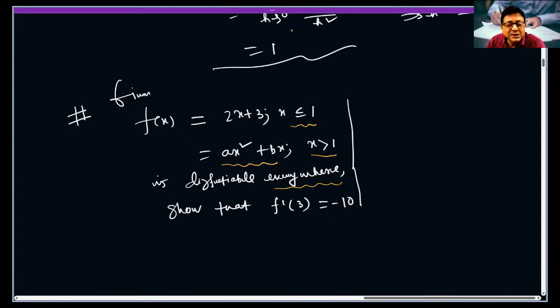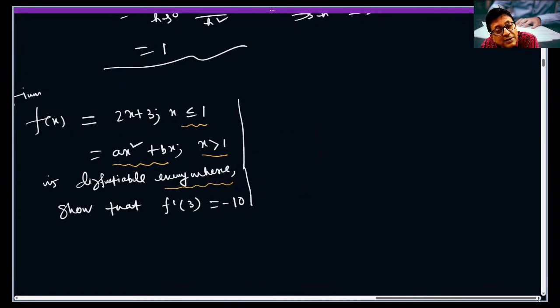Because 3 is much greater than 1. In this subject, on the number line, you just say that there are 2 steps, but there are infinitely many points in between. I am talking in this sense only. So to find f dash 3, I need to get the value of f(x) for x greater than 1. That is possible when I find the values of a and b. So what you have to do there? You have to get a and b first.